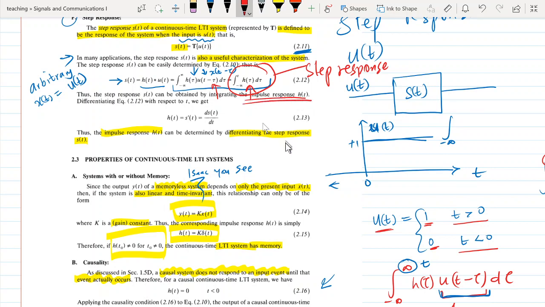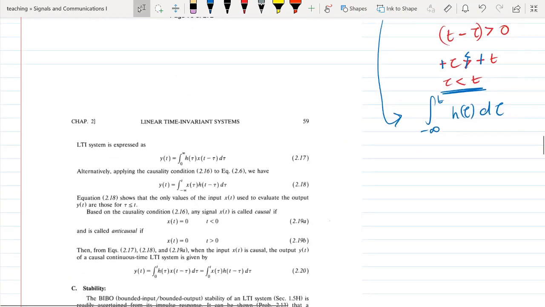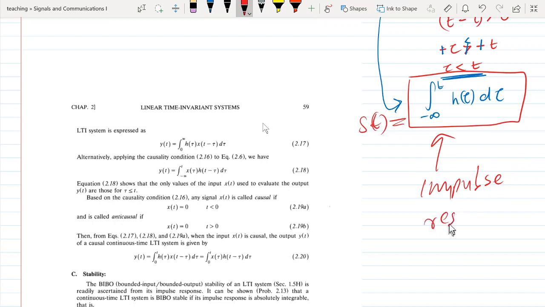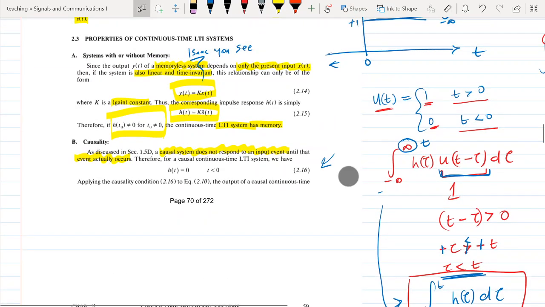That is a very important realization, because you are saying that you are able to get the step response s of t if we just integrate our impulse response, which is h of t, and that is a very important realization.